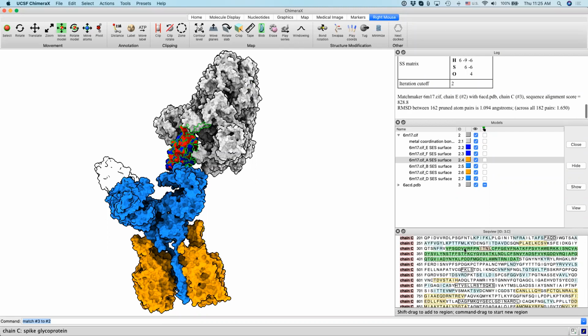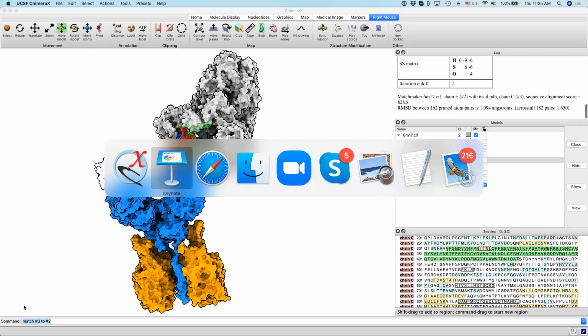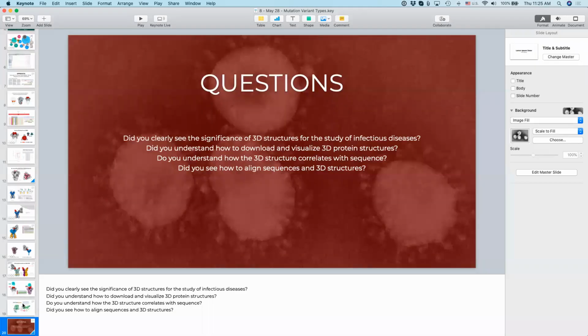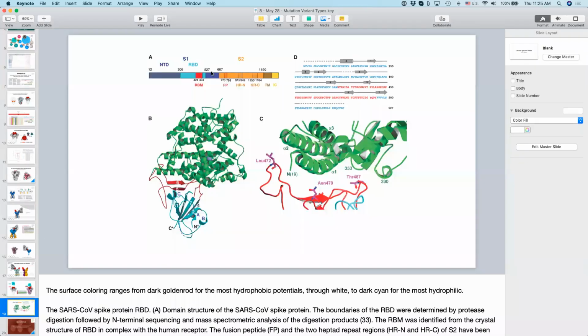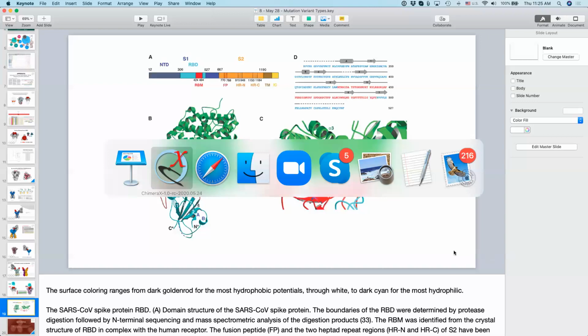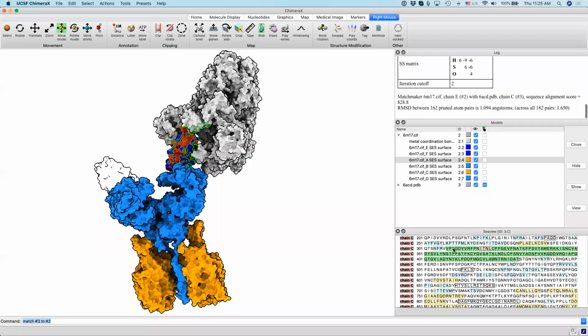So it is actually between three. So let's go back right here. 306 to 527. I think it's a little bit different here. So that's an important part of it. So I think it's something like 315 maybe.